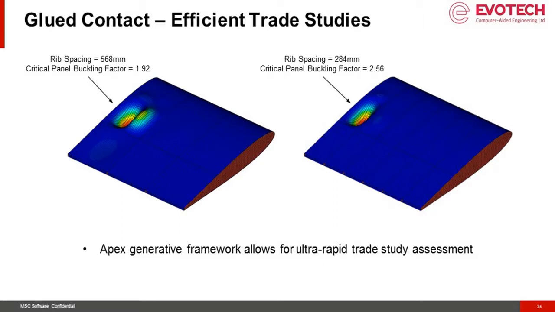So a good example here of how the Apex generative framework allows us to develop ultra rapid trade studies for downstream assessment.